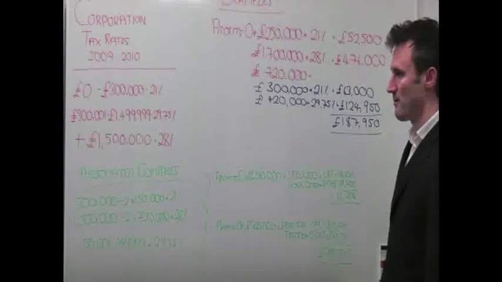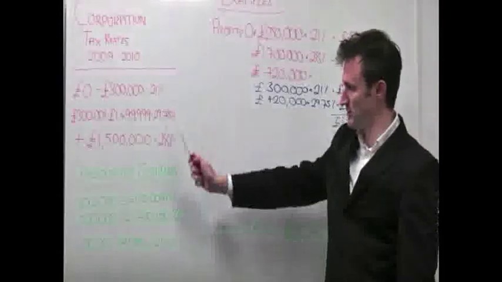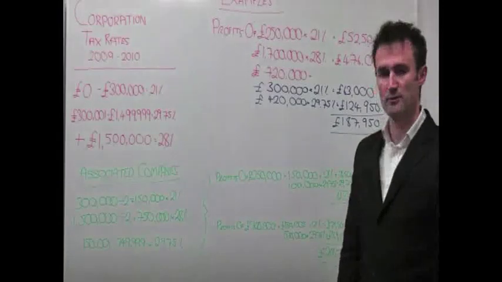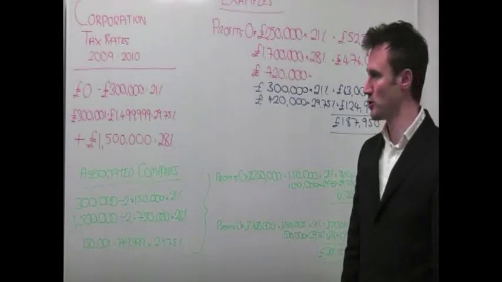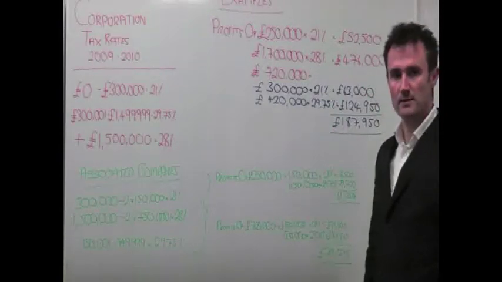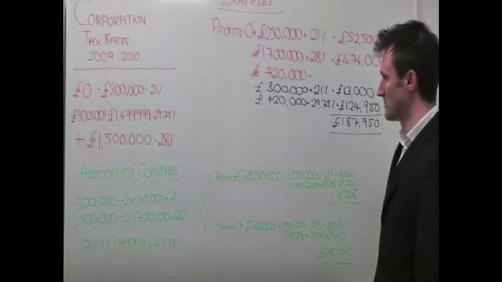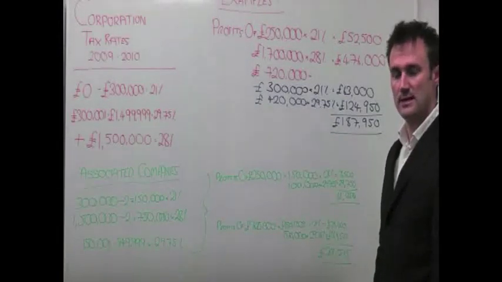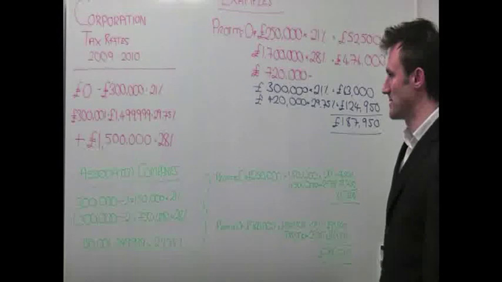However, when profits fall between £300,000 and £1.5 million, then, as mentioned before, the small company rate marginal band will have to be used. In this example, I've given an amount of £720,000. How it is calculated is that the first £300,000 is still calculated at 21%.